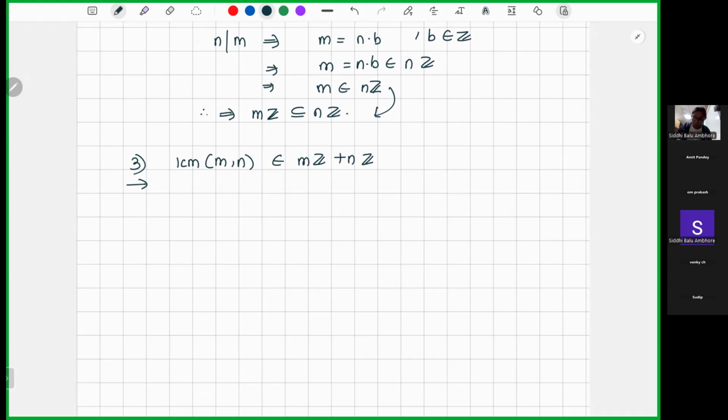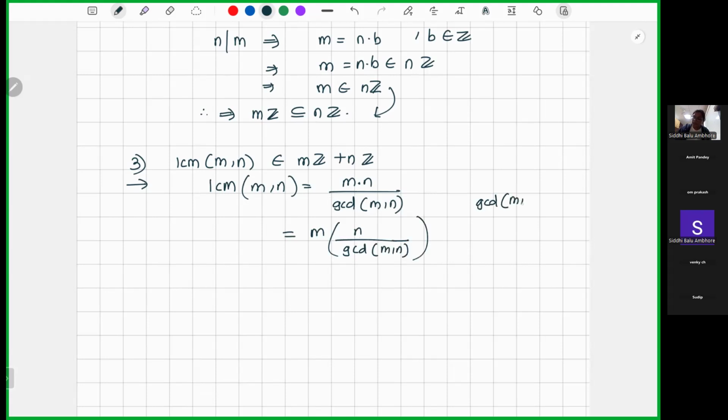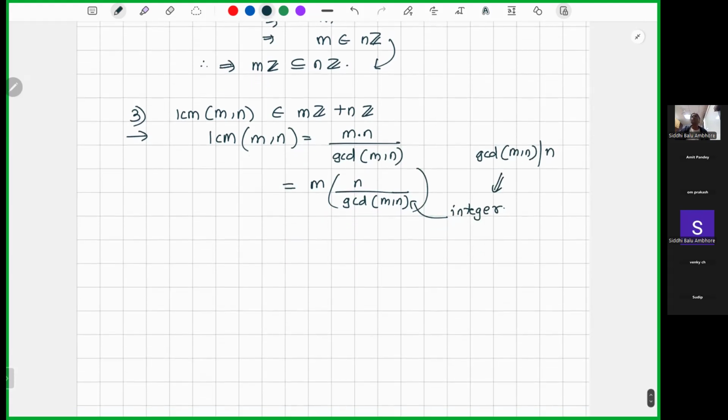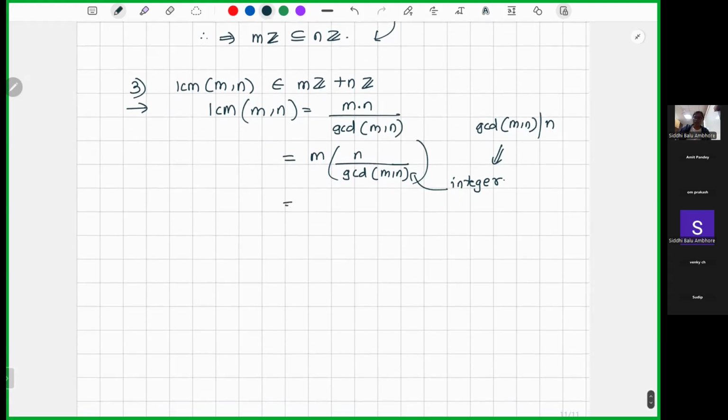You know this formula for LCM, right? It is M times N divided by GCD of M comma N. And the moment I have this, I can write this as M times N divided by GCD of M comma N. GCD of M comma N definitely divides N, so this is some integer.